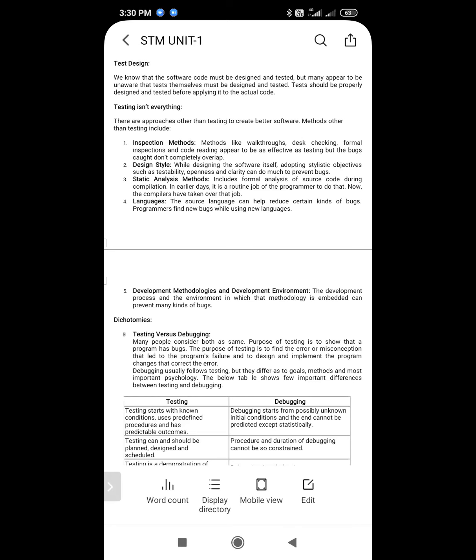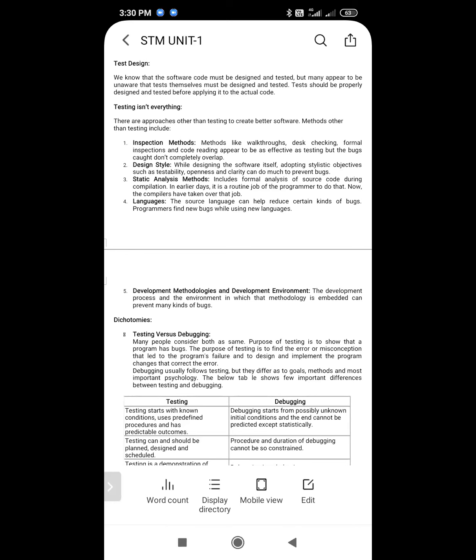Methods other than test, languages, development methodologies. These are the 5.